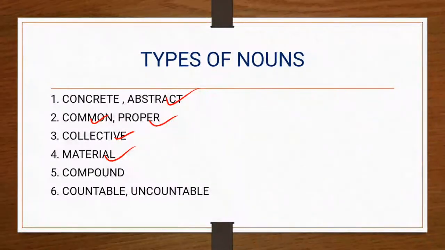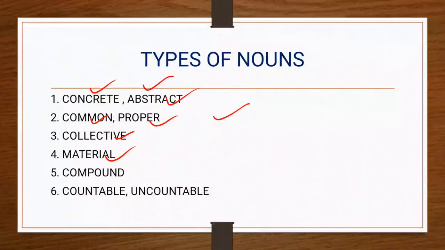But in this video, we will cover each and every aspect of nouns so that we can use them correctly in our sentences. Here, we will discuss the difference between concrete and abstract nouns. We will talk about the difference between common and proper noun.